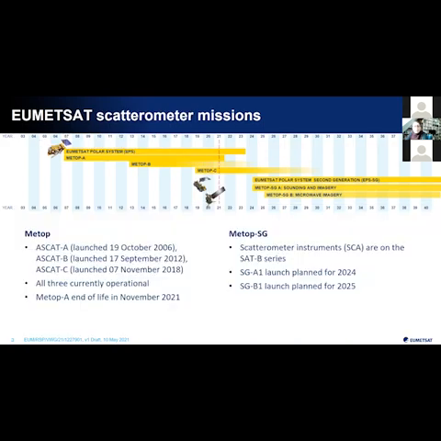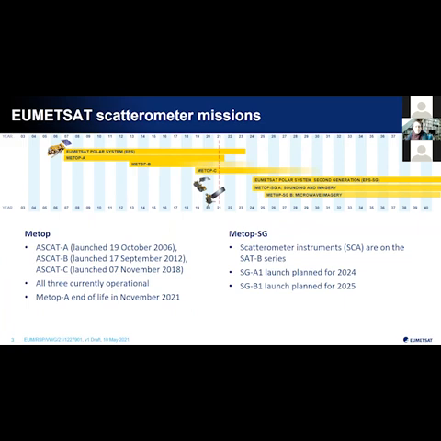So the scatterometer missions which EUMETSAT has are currently MetOp ASCAT, which are flying since 2006. Actually, we have at the moment 3 operational scatterometers in orbit, but MetOp-A will leave the orbit at the end of this year.